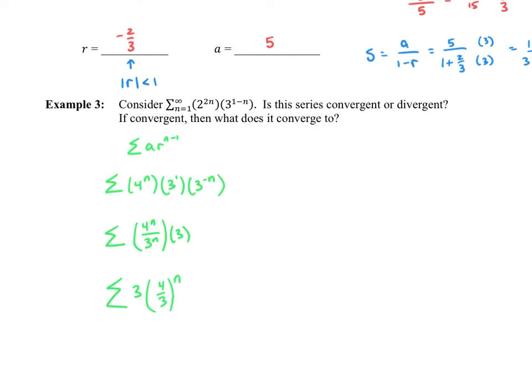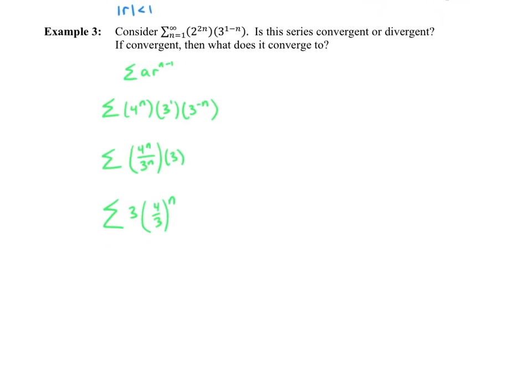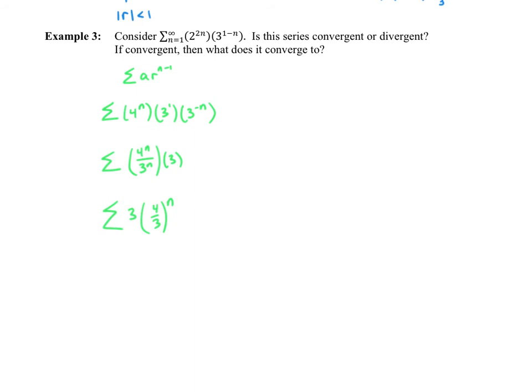So what we're doing is we're trying to transition ourselves into this idea of a times r to the n, or a times r to the n minus 1. And you can see now that we're in a better form to analyze the problem. More specifically, based on the problem, as it's written, n is equal to 1 and we're going to infinity.